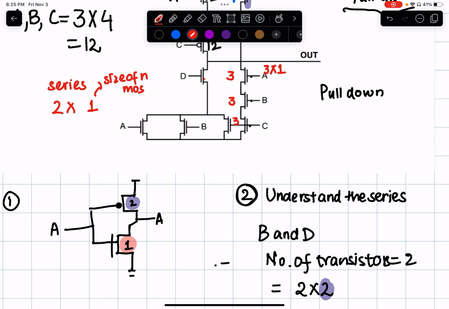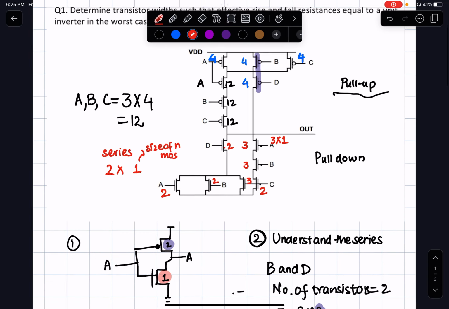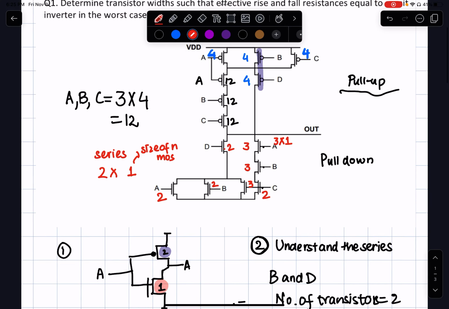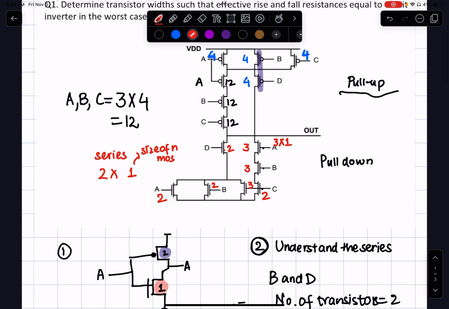So this will be 2 here, and this will be 2 here. This will be 2 here, and this will be 2 here. I hope it makes sense. At the end, this will be our final result, the size of the transistors. Thank you.